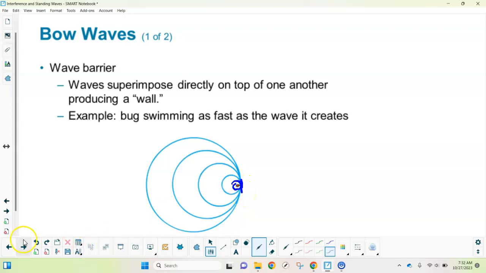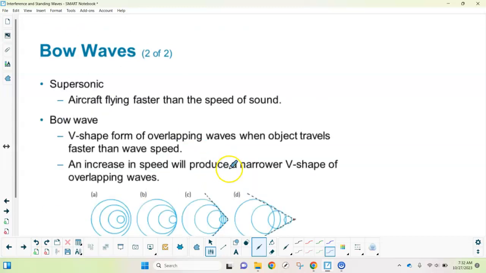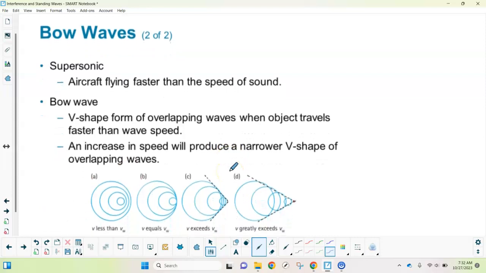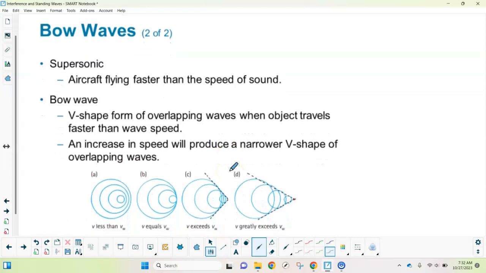If for some reason the object can go faster, the bug can't go faster than the waves it's producing, but airplanes can. A supersonic aircraft is one that goes faster than the speed of sound. It's going faster than these waves that are being produced. So the speed of the aircraft is faster than the speed of the wave of sound. When that happens, you get what are called bow waves.